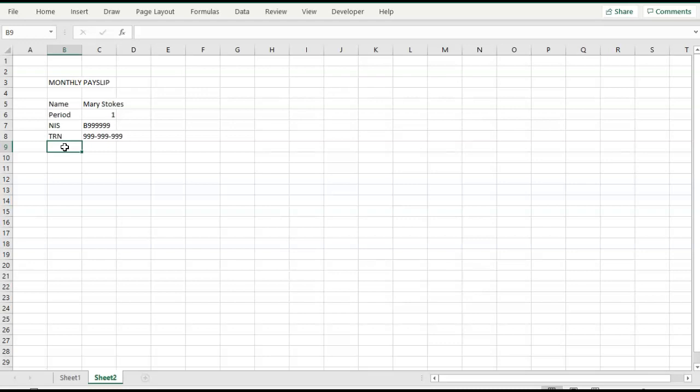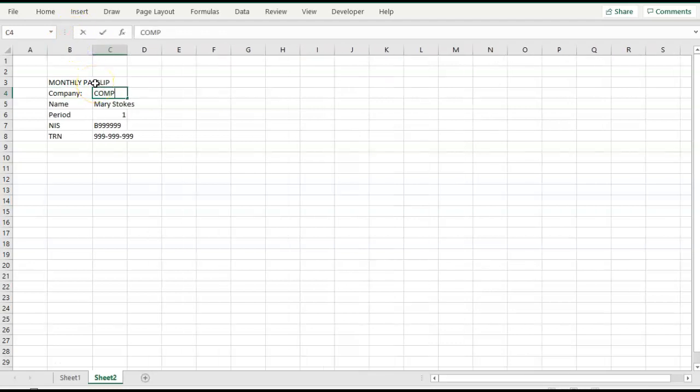And another important element you must have, of course, is the company name, the name of the business that is employing you. Okay, so let's recap. The name of the company, the employee's name, the period for the payment.